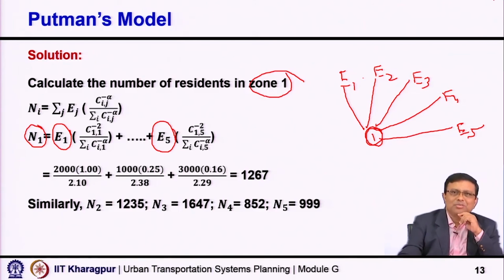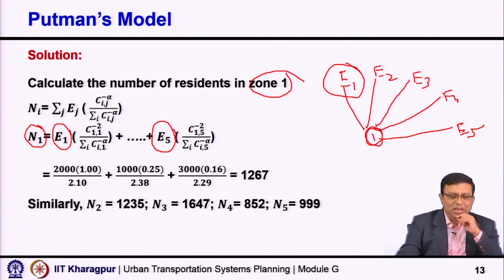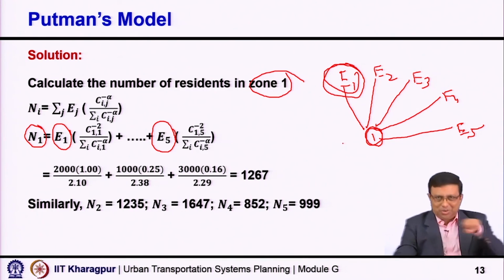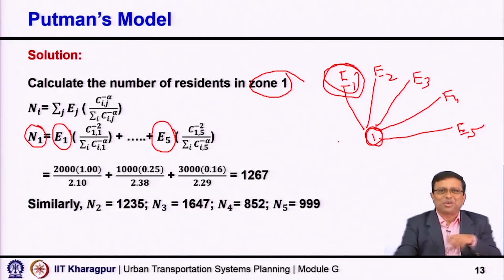Now, how much fraction of E1 will go to zone 1 will depend on C11 to the power -2 divided by Ci1 to the power -2, or minus alpha, sum over all I. Because whenever we consider how much employment will come to zone 1, it is not that zone 1 alone is competing; all the I zones are competing.